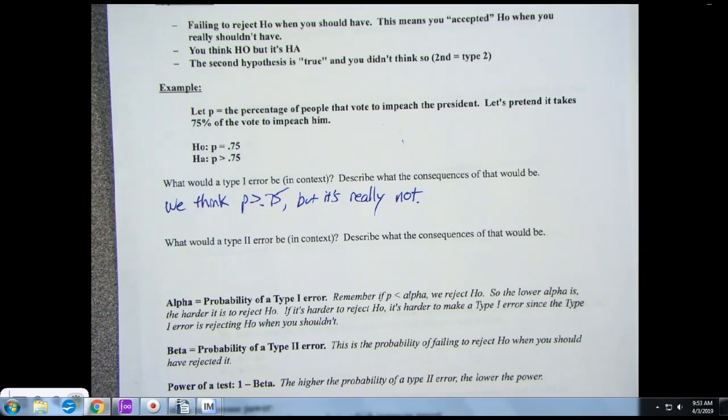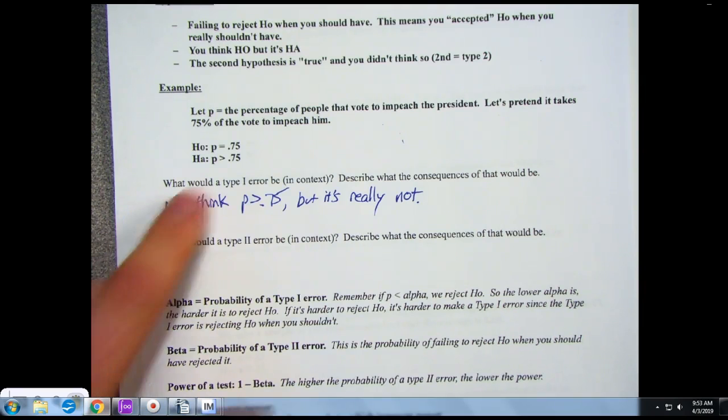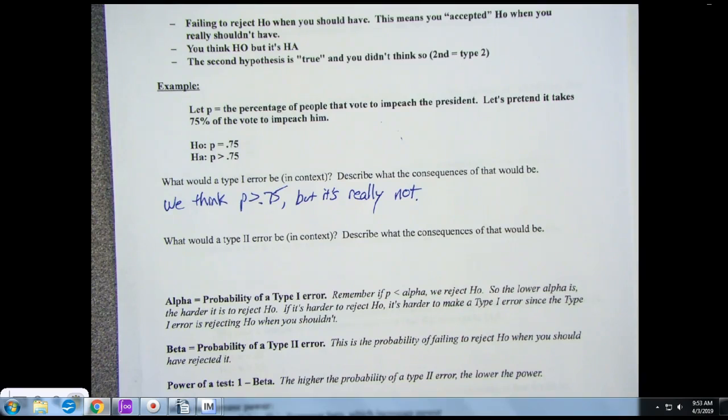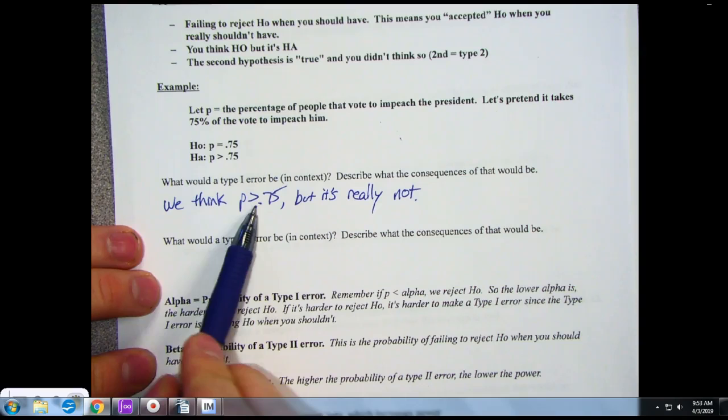Well, the consequences would be, what are our actions based on that? What did we do that we actually shouldn't have? If I think P is greater than 0.75, what would my response to that be?